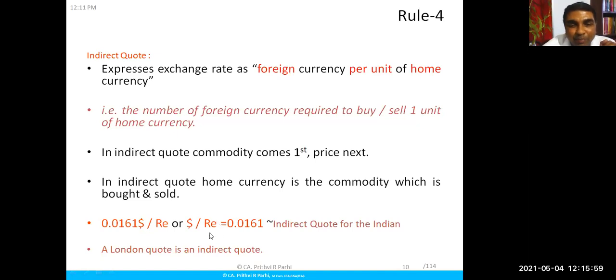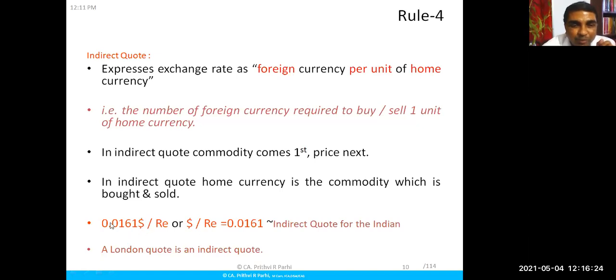You can say Indian rupee is the commodity and dollar is the price. Are you getting it? Dollar is the price and Indian rupee is the commodity. So what is traded here is Indian rupees. Okay, since I am an Indian, I prepared my balance sheet in Indian rupees. So this is foreign currency per unit of home currency.